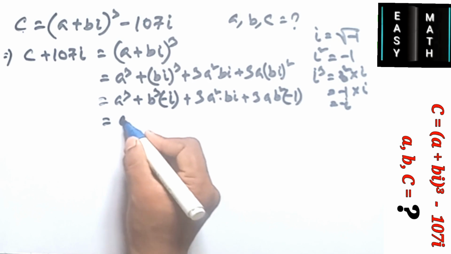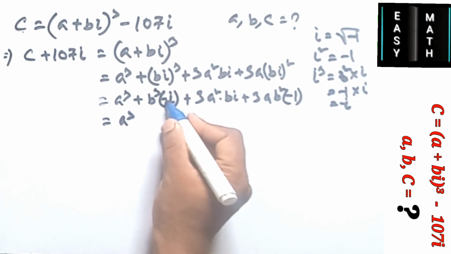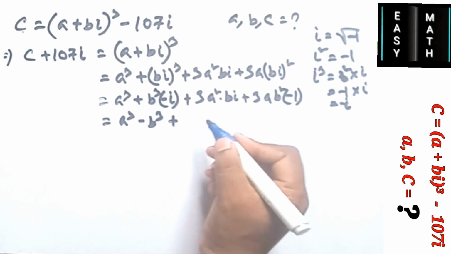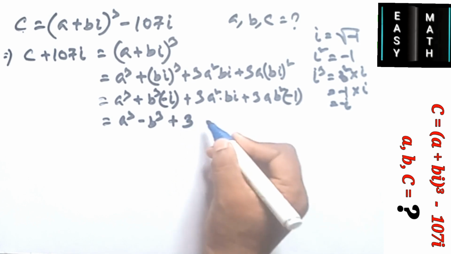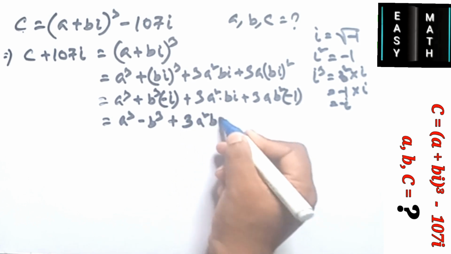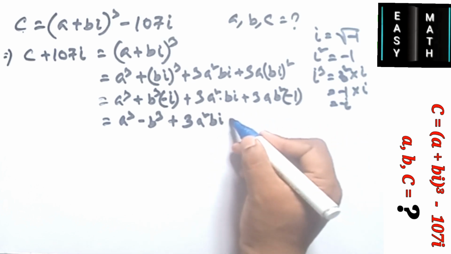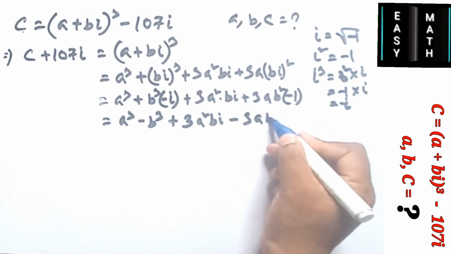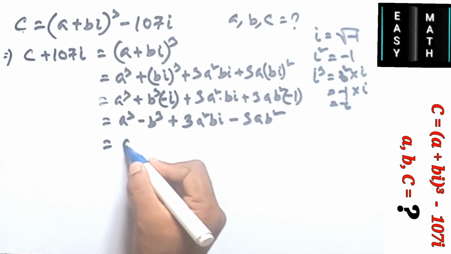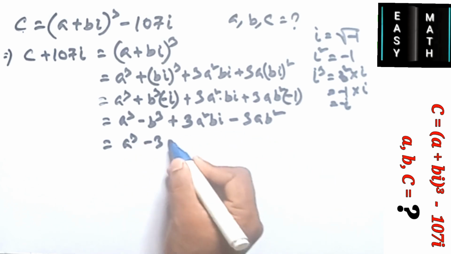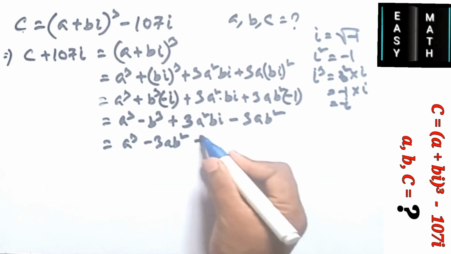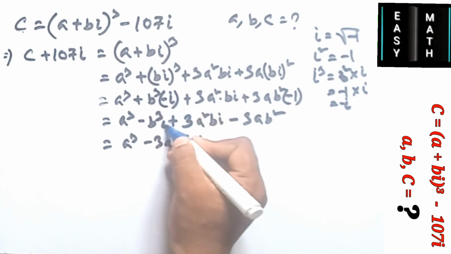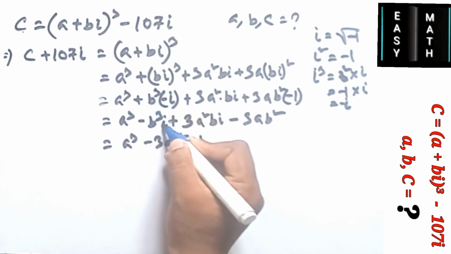And now from here a cubed, and this is the minus and plus, so minus b cubed, and there is the 3a squared bi, and there is the minus and plus, so minus ab squared. So there is the a cubed, and this is the minus 3ab squared, this is the one part, and this is the b cubed, and this is the i, sorry, plus minus this, and this is the i.